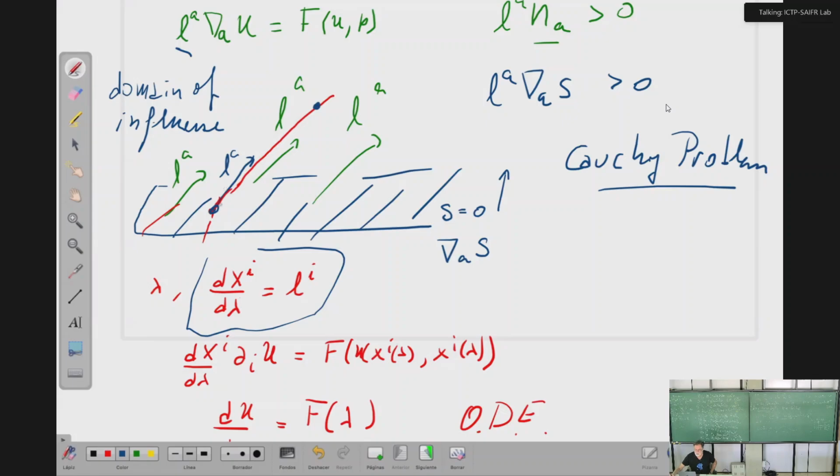So it's this line, the red line from here to the future. And the domain of dependence of this other point is everything that the value here depends on, the values here in this line to the past, from this point. We will get more into the concept of domain of dependence and influence. It's clear? Questions?